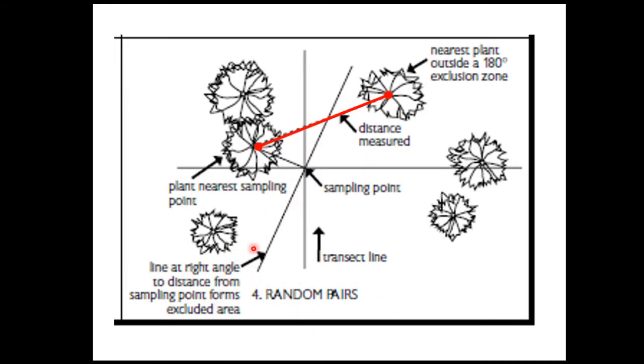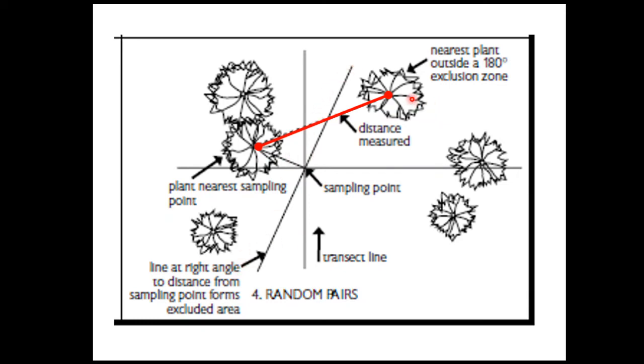A line is drawn across the sampling point. So we have a transect line, but we have another line drawn at a certain angle. You need to define what angle you have, and then you identify the nearest plant to the sampling point, let's say here in this one. After that you identify another plant that is near to the second line here.